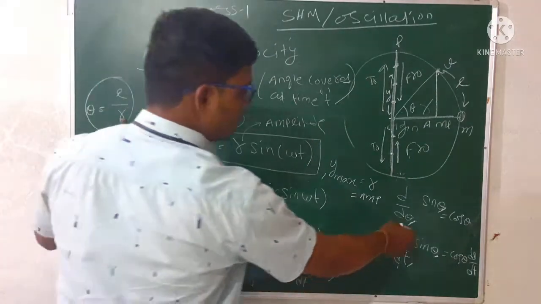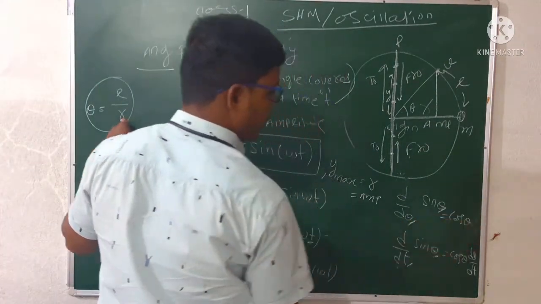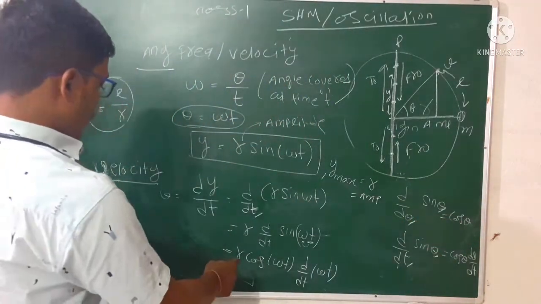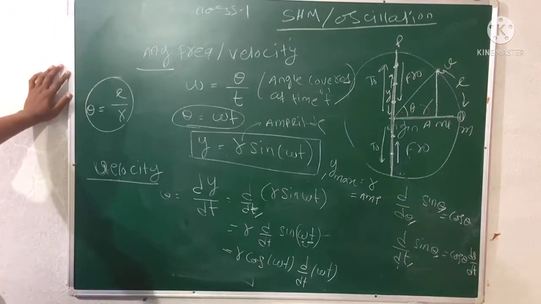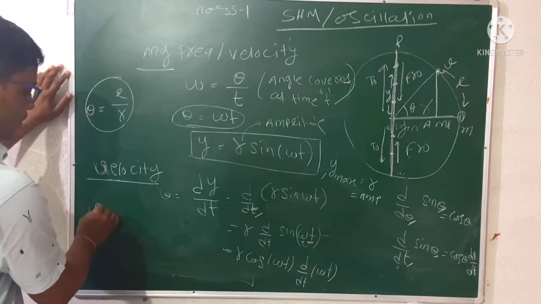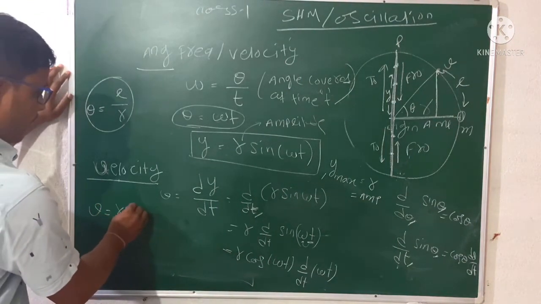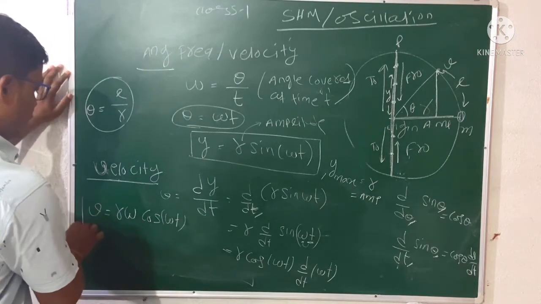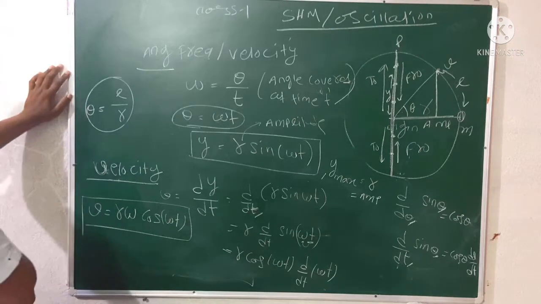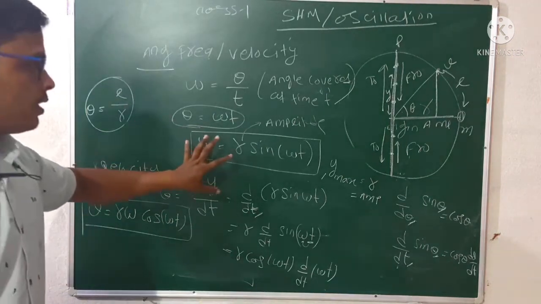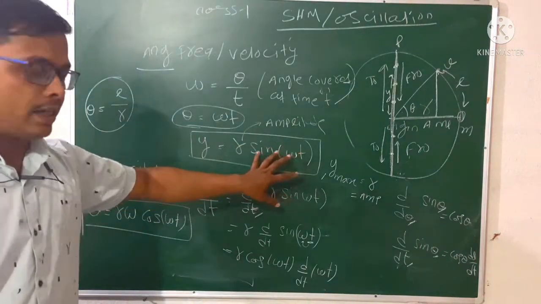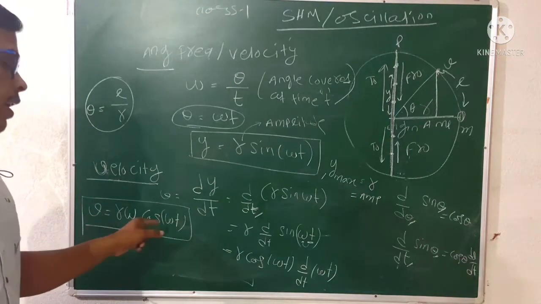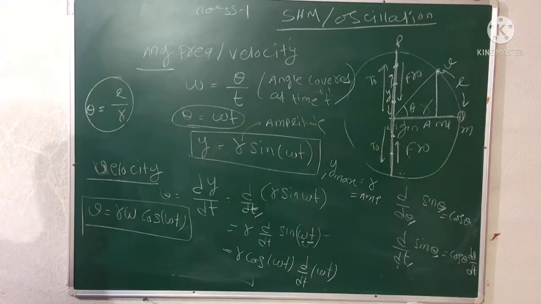If the variable is the same, then we don't require d theta by dt. So what will be the velocity expression now? So the velocity will be r omega cos omega t. So remember, this is the expression of velocity. So this is the distance y equal to r sin omega t, and the velocity is r omega cosine omega t.